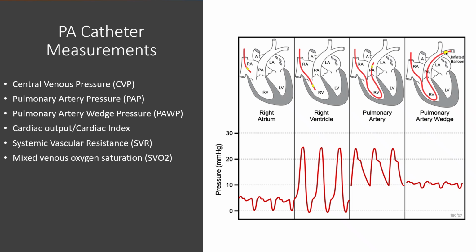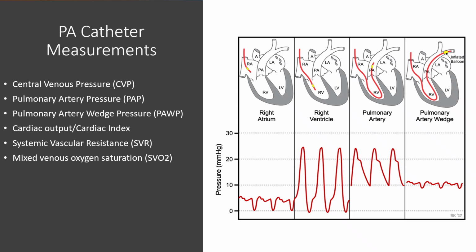So these pulmonary artery catheters are going to be inserted through a central vein, such as the FEM, the IJ, and then they're going to be advanced into the pulmonary artery. And they are going to have a balloon that can be inflated or deflated to check certain pressures within that pulmonary artery.